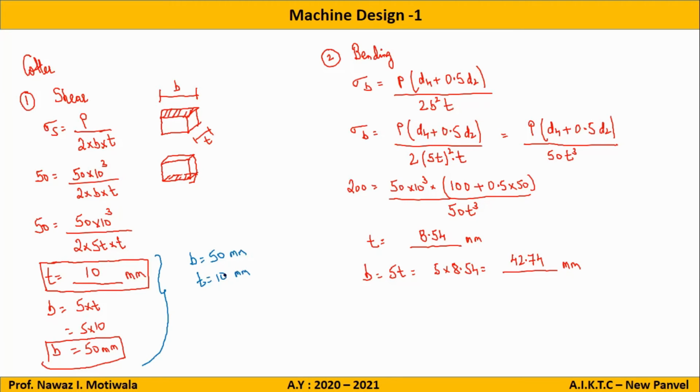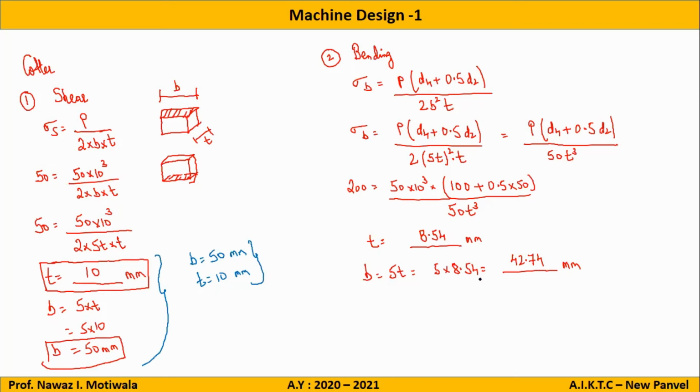This means that to prevent the cotter from shearing failure, the minimum dimensions required are these. 50 से थोड़ा भी कम होगा मीन्स वो फेल हो जाएगा, या T 10 से कम हो जाएगा मीन्स फेल हो जाएगा. So these are the minimum dimensions required to make the cotter safe in shearing.